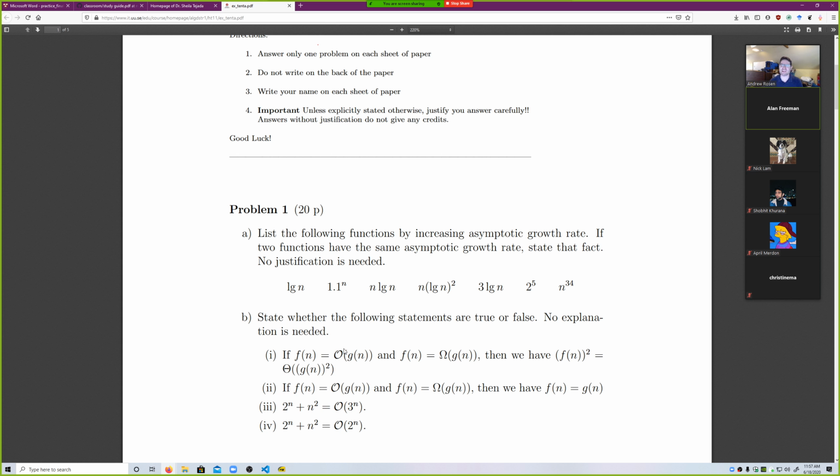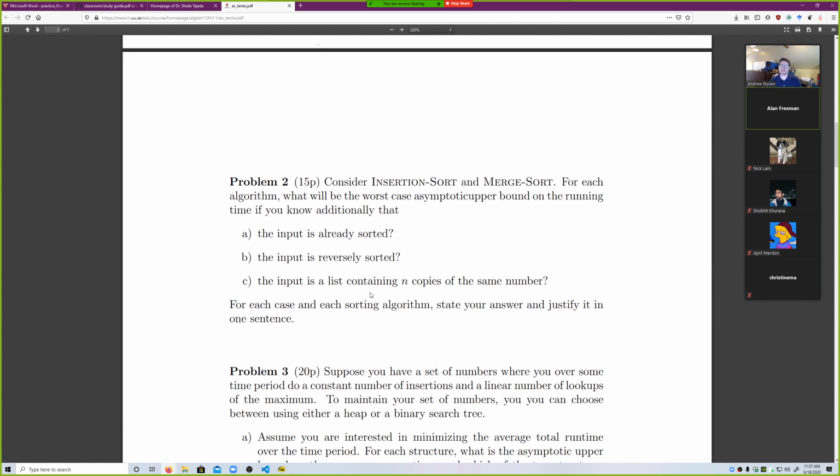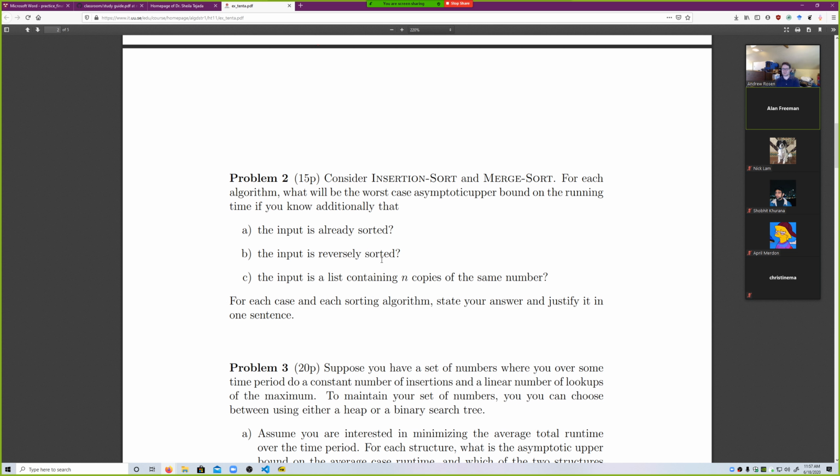Mathematicians get very annoyed with us because a lot of times we use big O in place of big theta. Anyway, let's consider merge sort and insertion sort, two algorithms near and dear to our hearts.